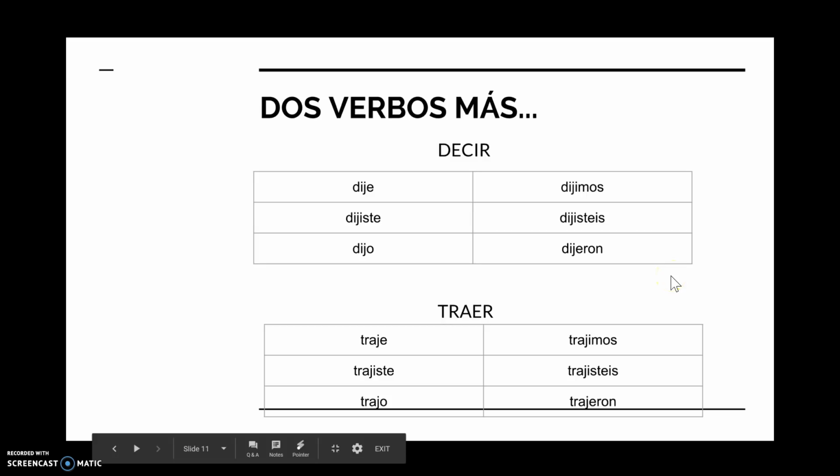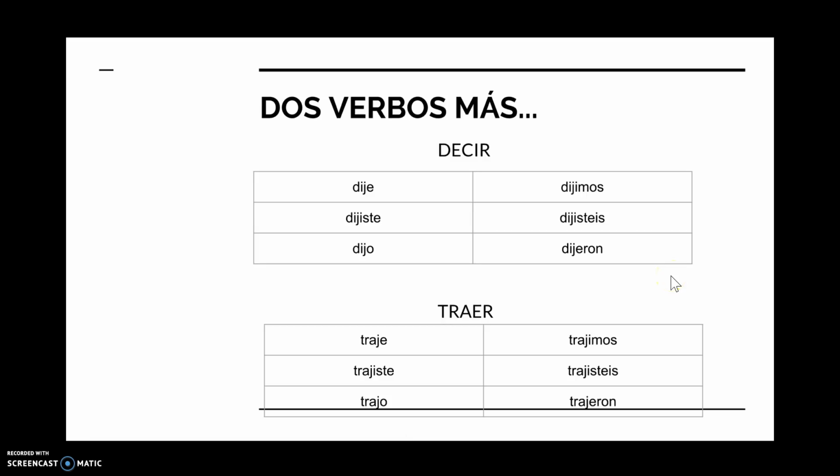The final 2 verbs actually have some things in common with a few other verbs you'll learn later on in Español as we go on to Español 3 next year. So one is decir, to say or to tell. You'll notice we have a lot of I's and J's with decir.